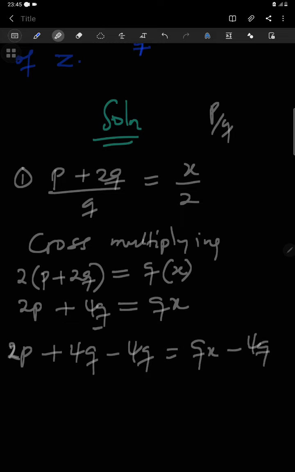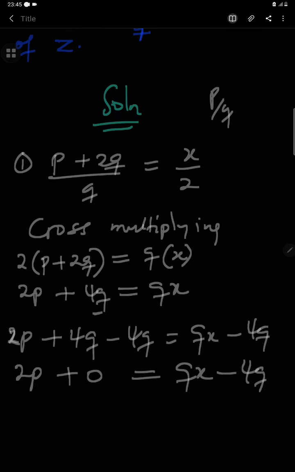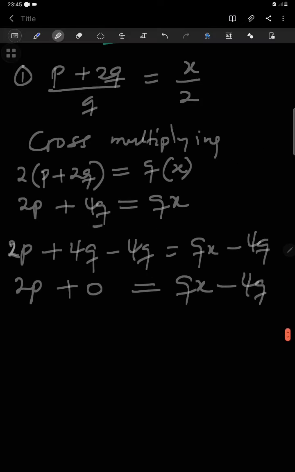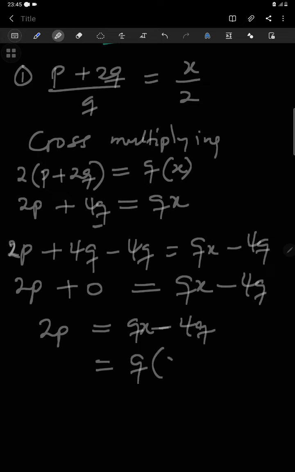When I subtract 4q, it will go: 2p plus 0 equals qx minus 4q. You see what I'm doing? So what are we left with? 2p equals qx minus 4q. Now I can factorize q out of the right hand side. If I take q out, I'll get this. See, the answer is coming, right?